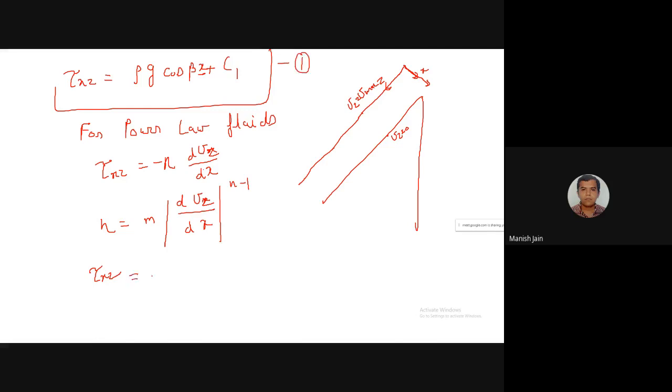equal to minus m in place. Okay, first we will remove the mod sign, then we will write the final equation.